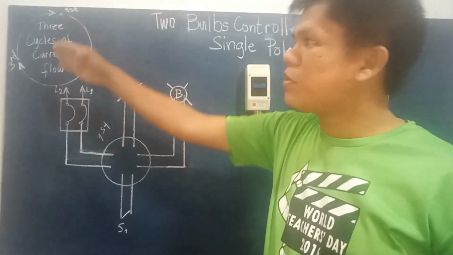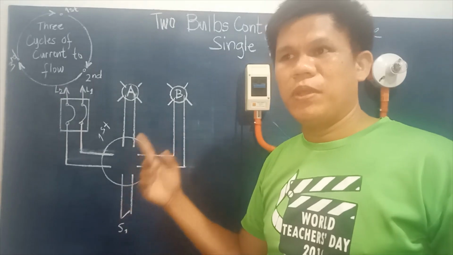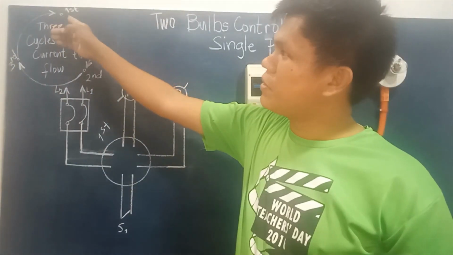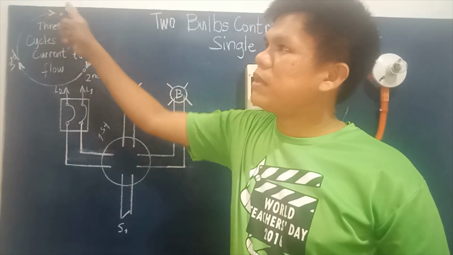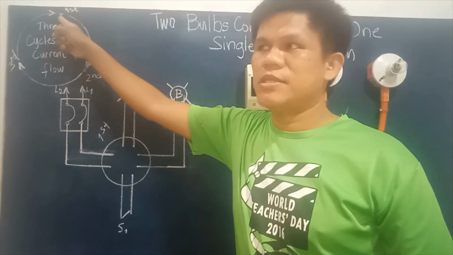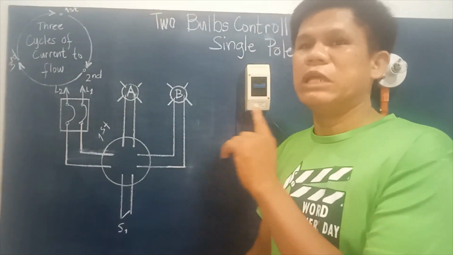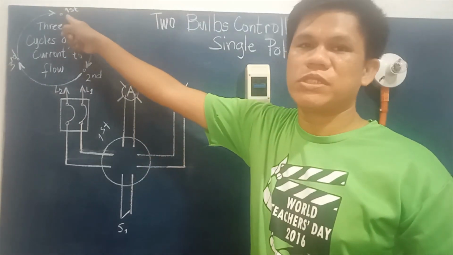Okay, so in this cycle, we will discuss around 3 cycles only within our 4 parts of the circuit. To execute our first cycle, one of the terminals coming from the source line is connected to one of the terminals also coming from the load of the circuit to perform the first cycle.